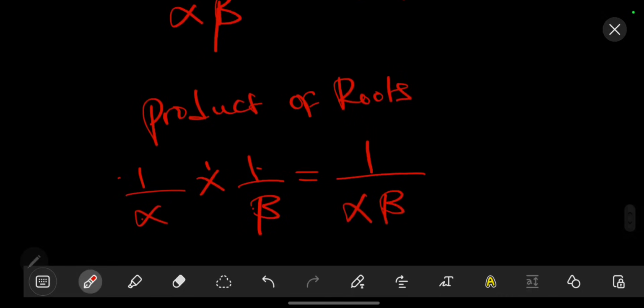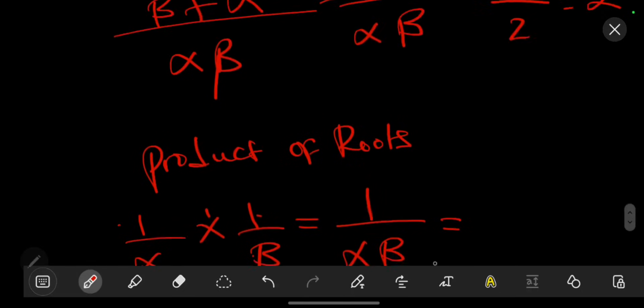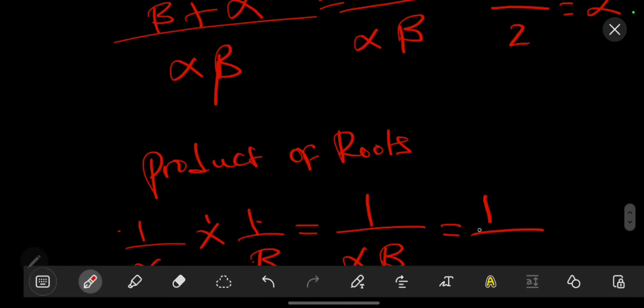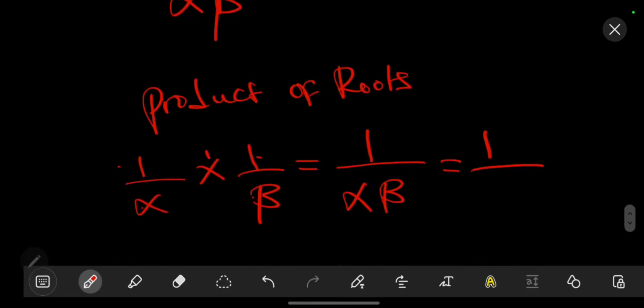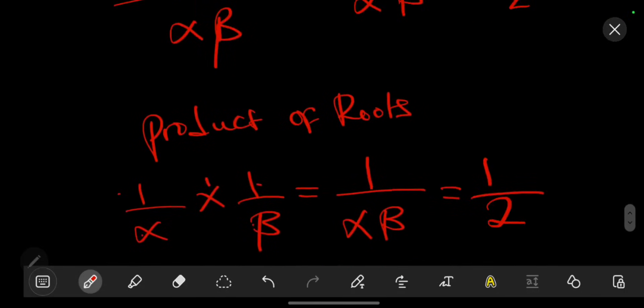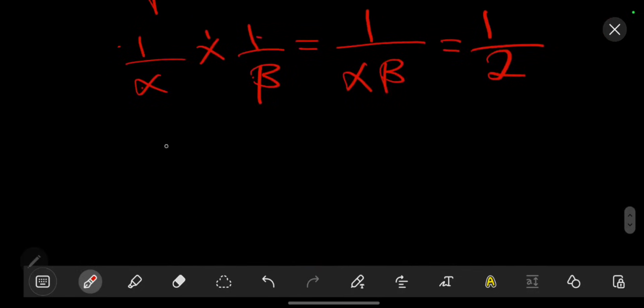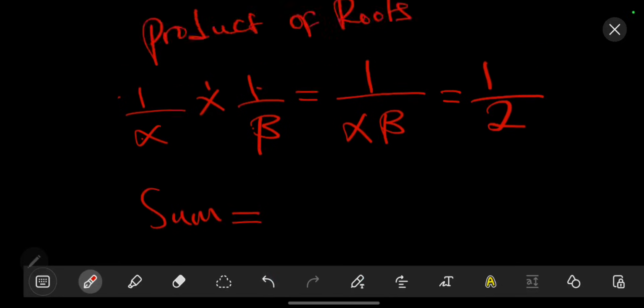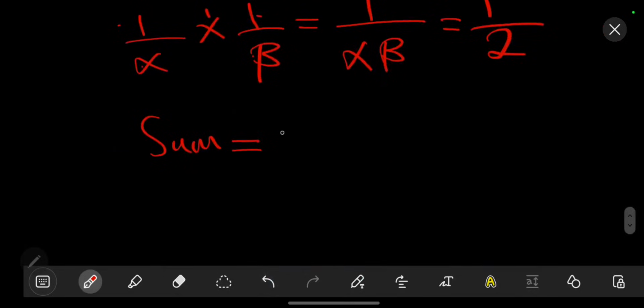So we have 1 over alpha beta is equal to 1 over 2. So this is what we have. We have found the sum to be 2. The product is found to be equal to 1 over 2.